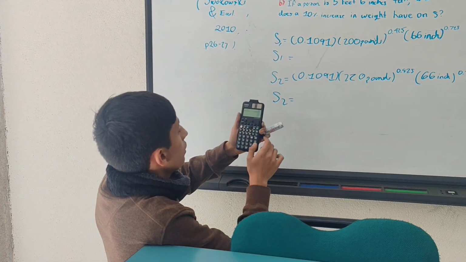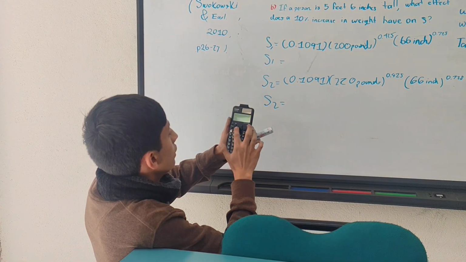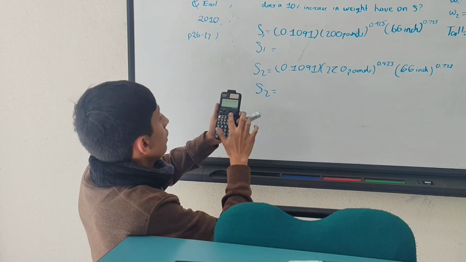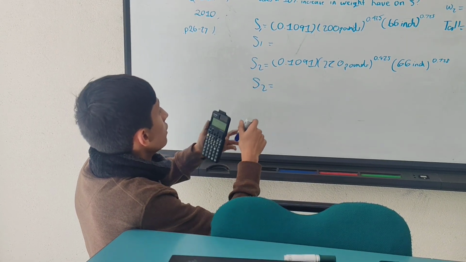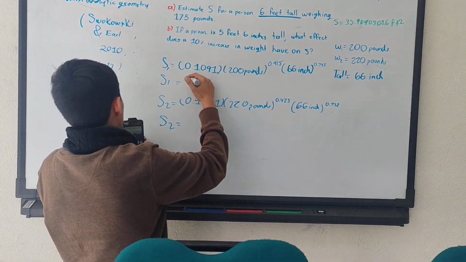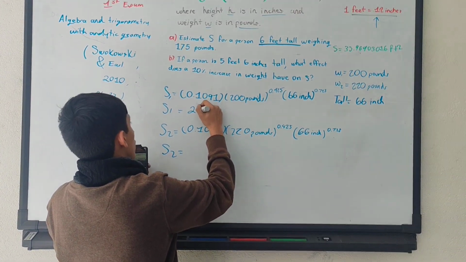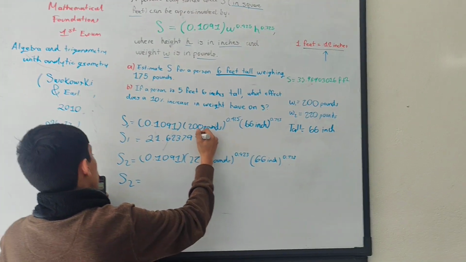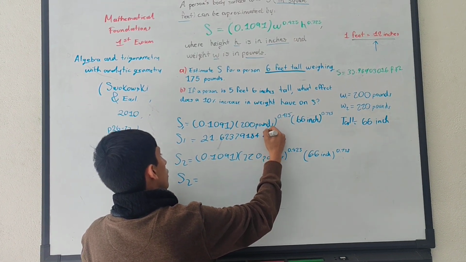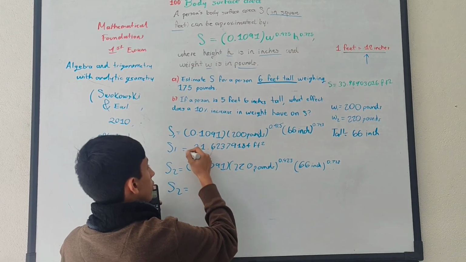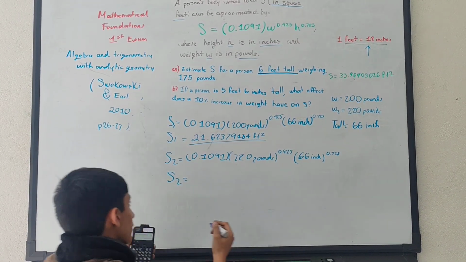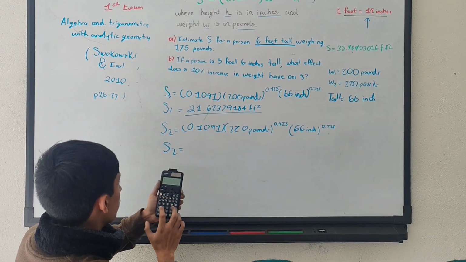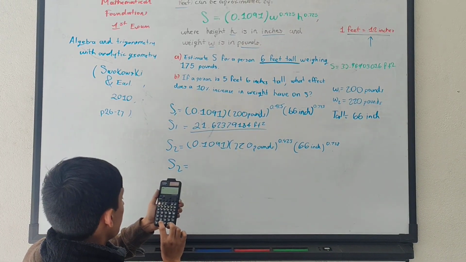This should be equal to, I'm going to make sure that it is okay. Yeah, of course it is. So we have right here that the person has 21.62379184 square feet of surface on his body, or her body, depends on the person, but it doesn't matter for us. So I'm going to solve this one equation.